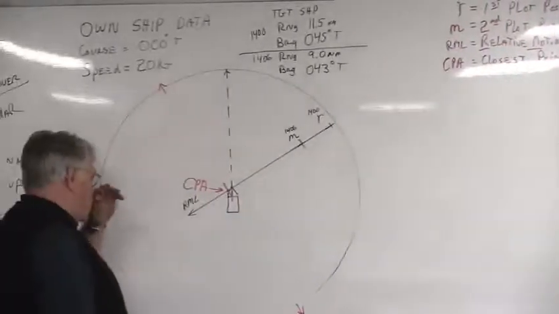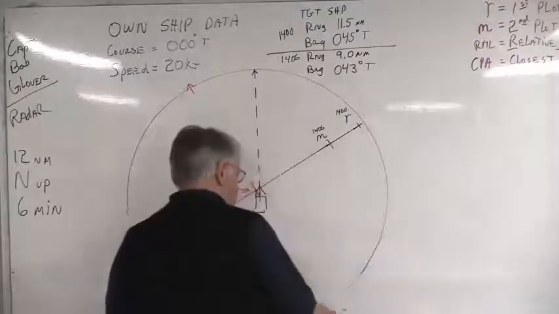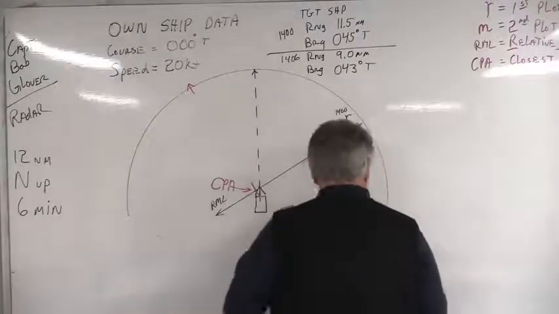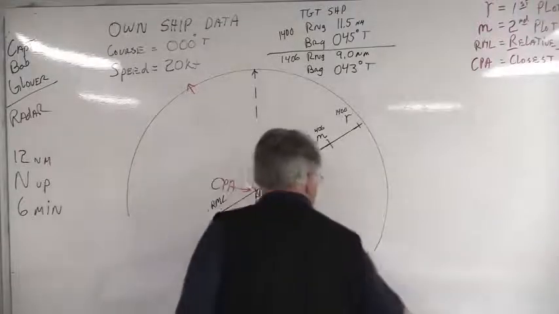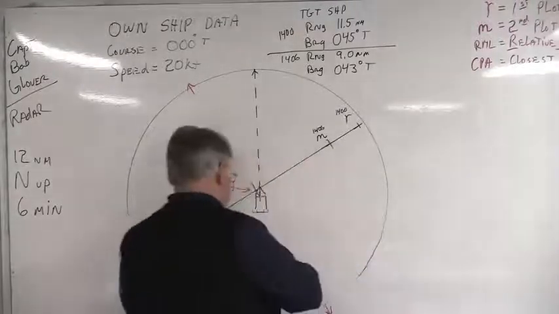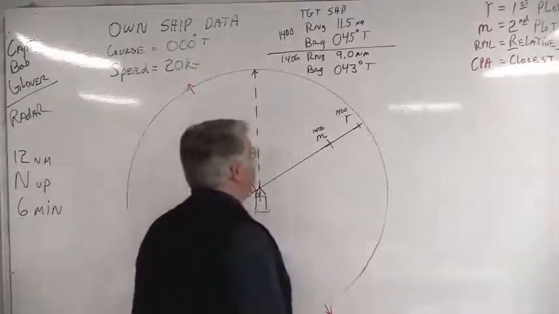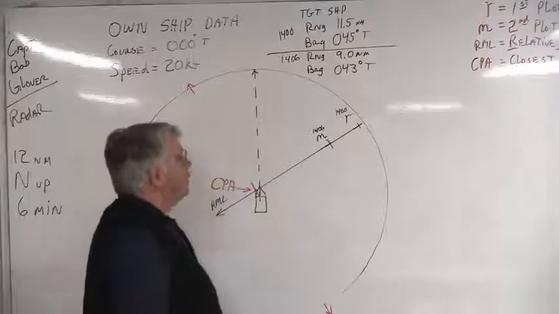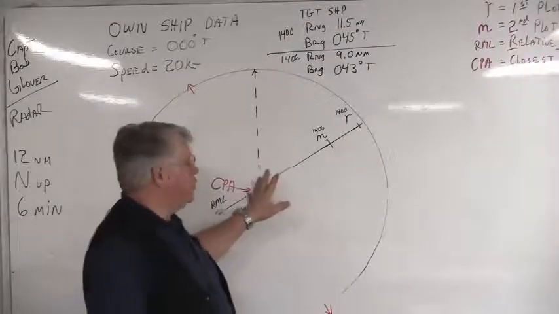Now the last part is finding the time of CPA. Now, in the older days, we used to do this on a plotting head, and we used grease pencils, and when we did that, we were able to walk this distance down and find out what the time of CPA is. But we do it a little bit more accurately now, and this is the way I need you to do it.